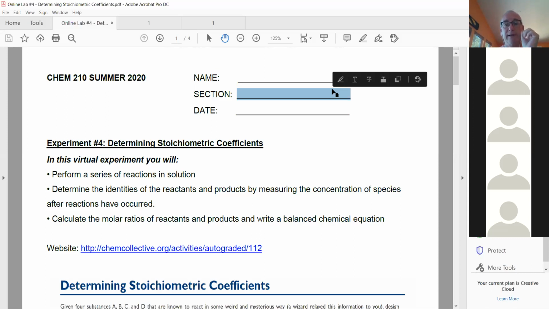And so what I'm going to be showing you is how you get started with it. And then it's sort of just trial and error. I'm going to try this, I'm going to try that. And then what I want for the last experiment is for you to add precisely the right amount of reactants to get precisely the right amount of products and have no reactants left over.